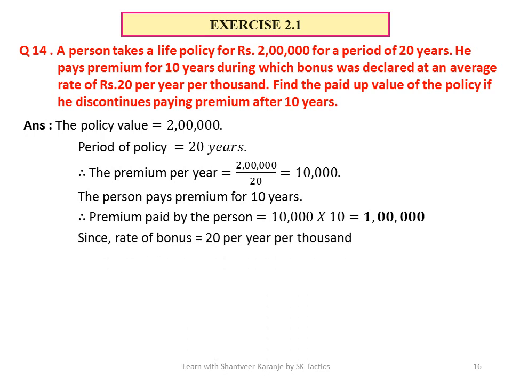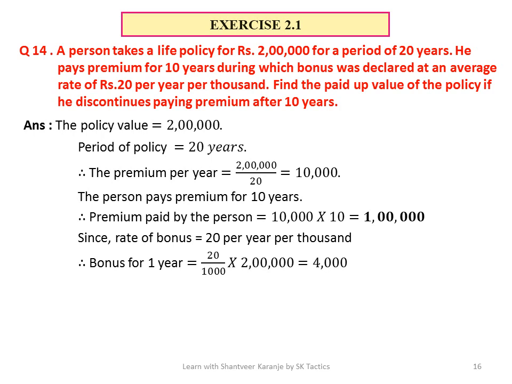So we need to calculate the bonus now. Rate of bonus is 20 per year per thousand. So 1 year bonus is 20 by 1000 into 2 lakh. 2 lakh is the policy value. I told you bonus is always calculated on policy value.